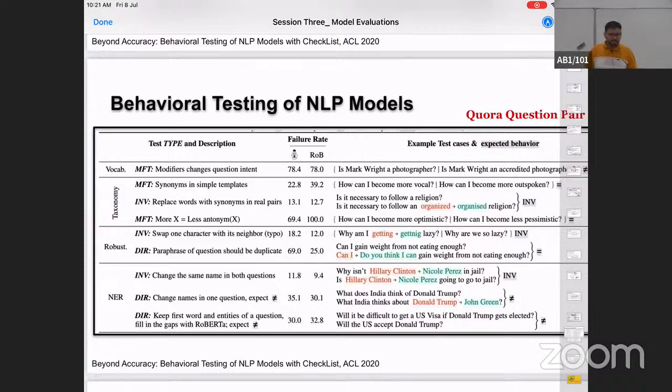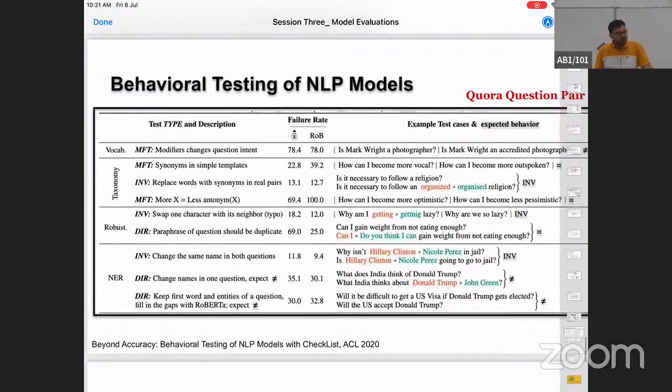I won't say same. For that also, a similar set of capabilities: capabilities like taxonomy, I will tell you what I mean by taxonomy, vocabulary capabilities, robustness capabilities, NER based capabilities, and so on and so forth. Same set of capabilities, similar kind of tests that we have done for sentiment analysis.